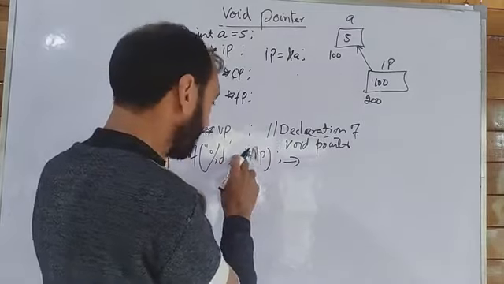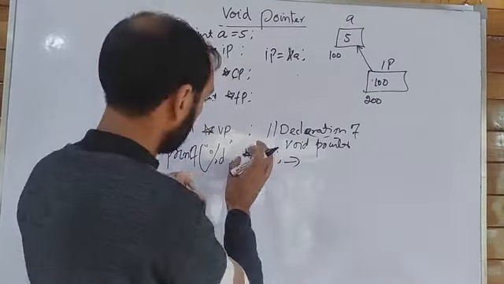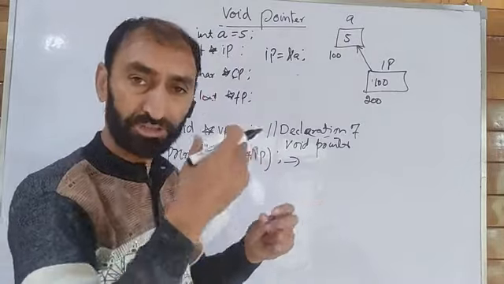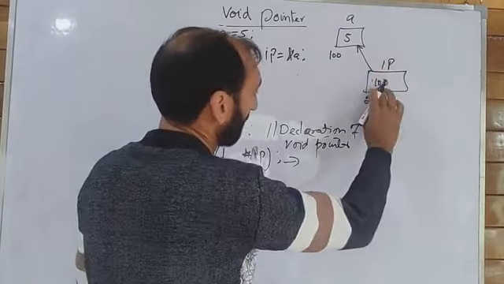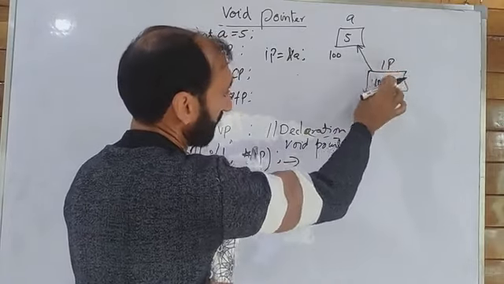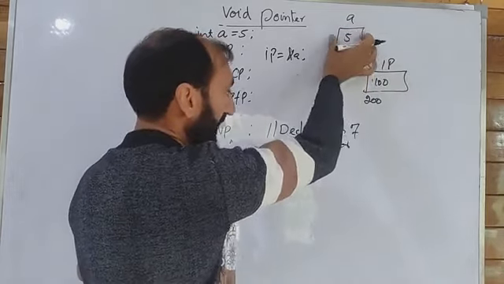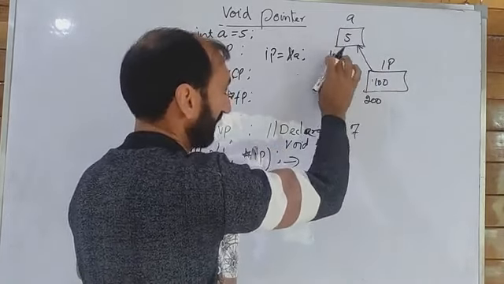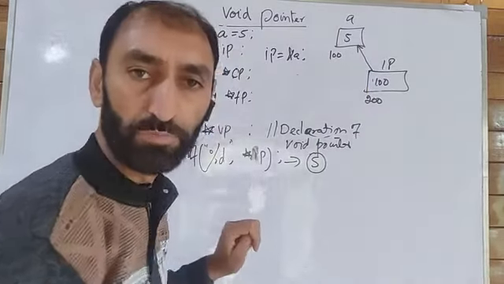The function of this dereferencing operator is to retrieve or return the value at the address. IP stores the address of a, and the value at that address is 5. So the output would be 5.